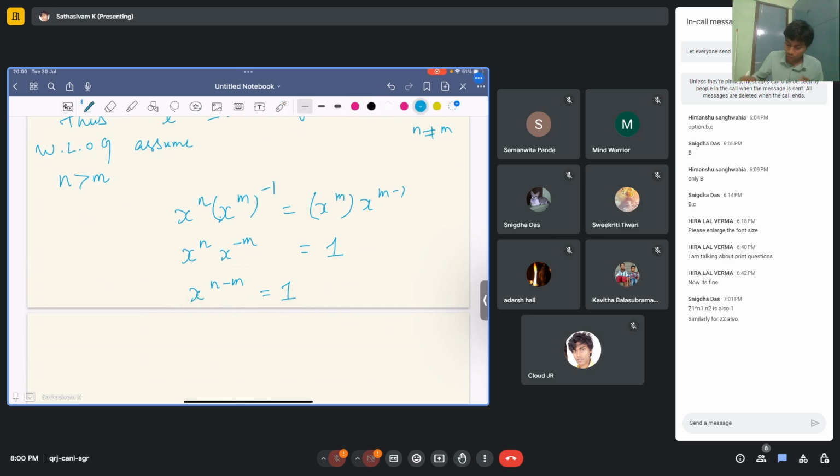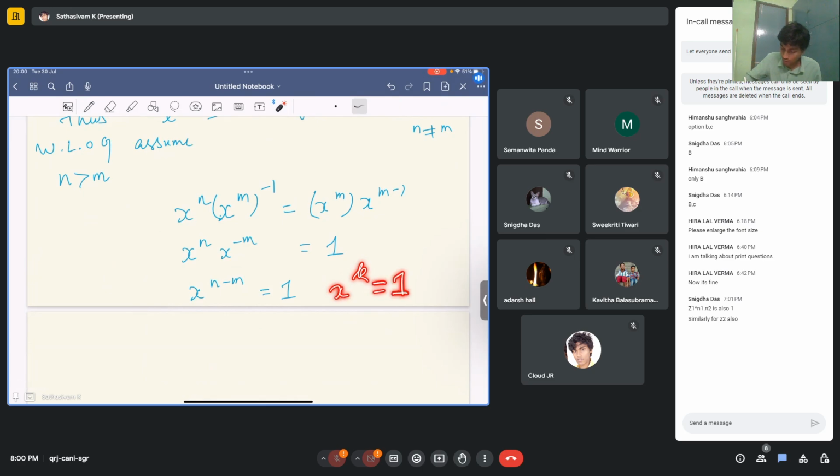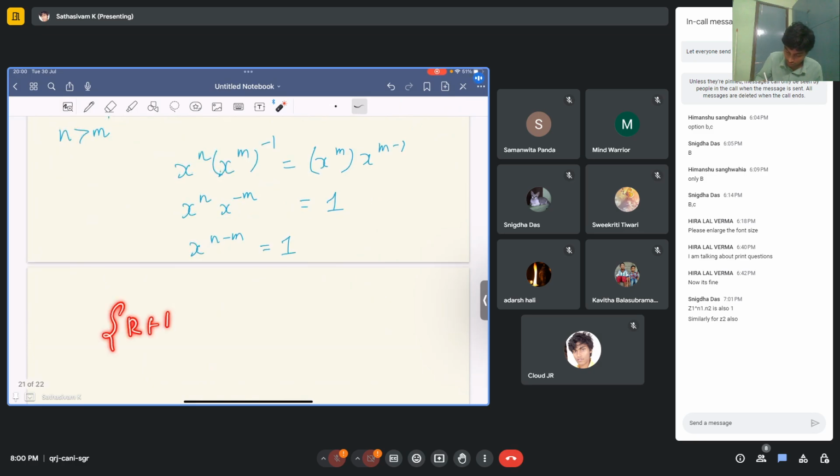So you can always choose the smallest one, because the set is non-empty: the set of all k belonging to the natural numbers such that x power k is equal to 1. This set is non-empty, so I can always choose the smallest one, right?